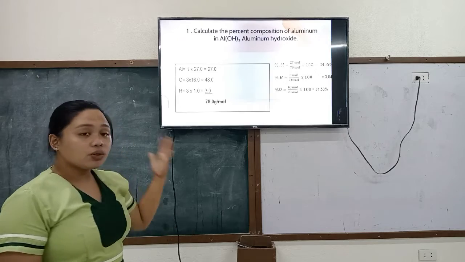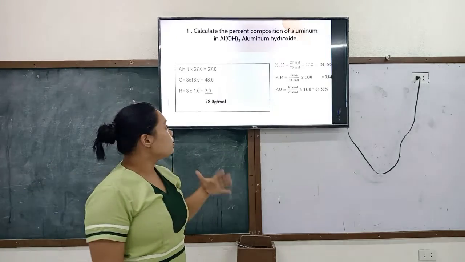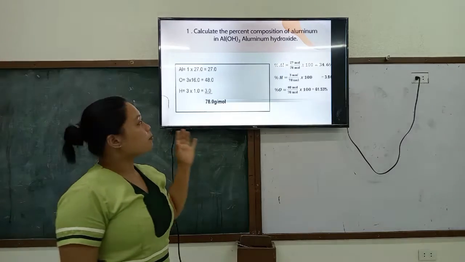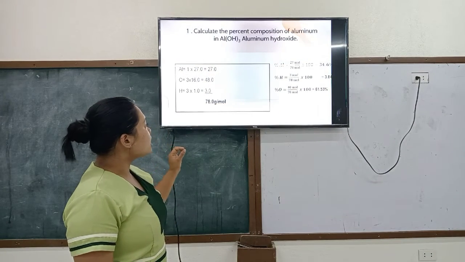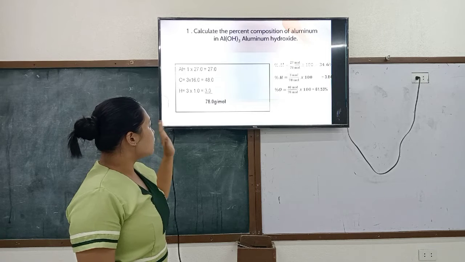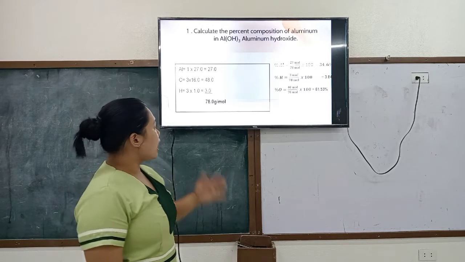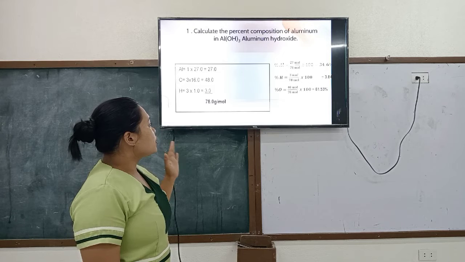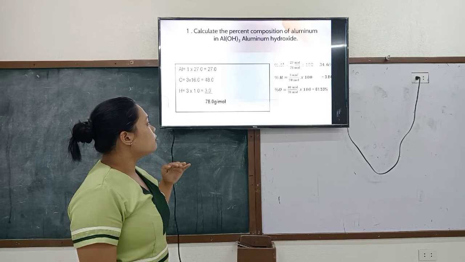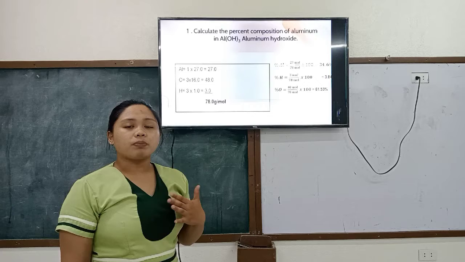So let's substitute our given problem to the formula. So percent of aluminum equals 27 over 78 times 100 equals 34.6%. And for hydrogen, 3 over 78 times 100% equals 3.84%.